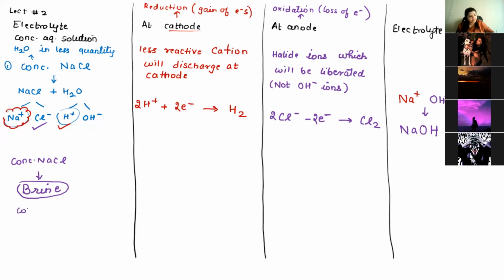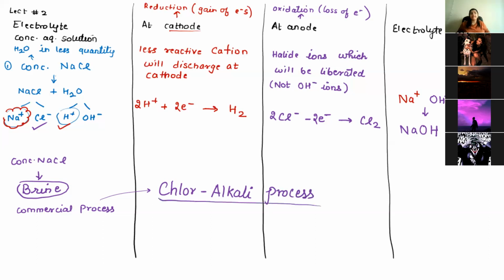Electrolysis of brine is a commercial process, and the process name is also called chlor-alkali process. Can anybody tell me why the name is chlor-alkali process? Why is this name given, chlor-alkali?